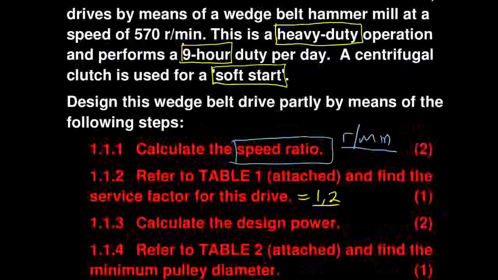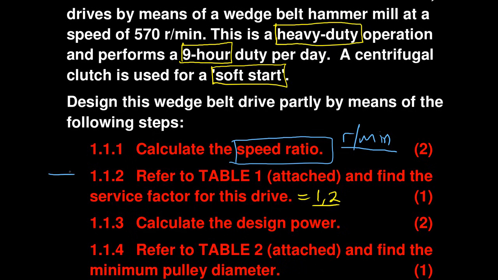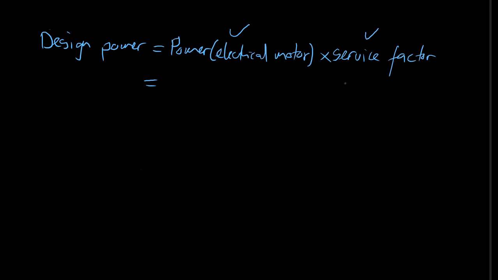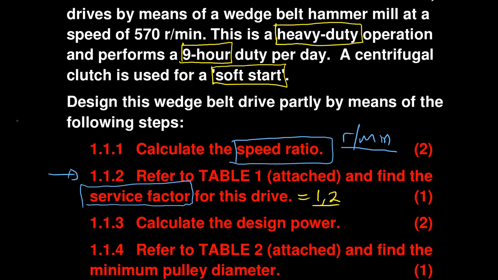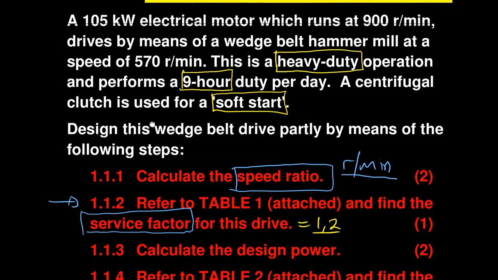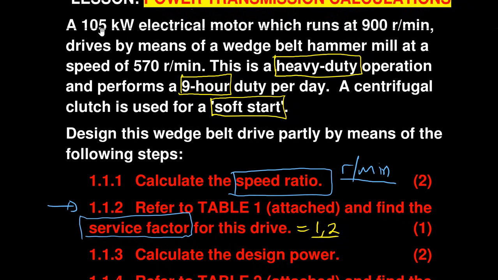If you go previously, you look at question 1,2, you remember that they said I must find the service factor. So already I've got the first part of the information, which means under service factor I have got 1,2, and I must multiply that number by the power of the electric motor. Now if I read again this particular question, it says 105 electrical motor.